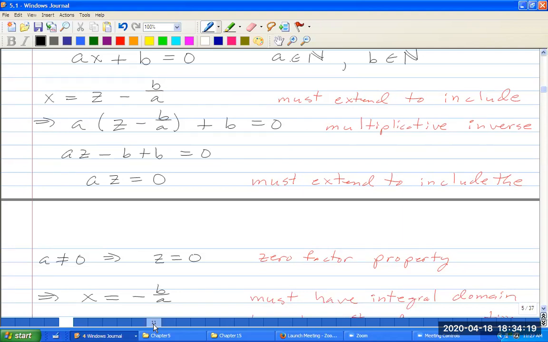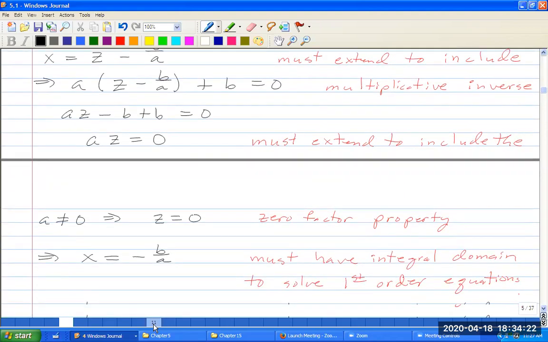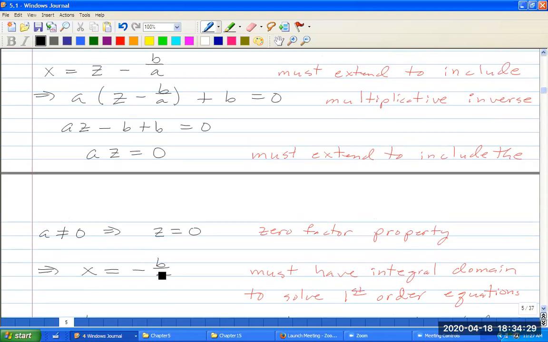Then z equaling 0 says that x is equal to minus b over a. But that means we have to have multiplicative inverses. And so we must extend these natural numbers to include not only the additive inverses, but also the multiplicative inverses. And we have to include the zero factor property. So we have to make these into an integral domain to solve a first order linear equation.